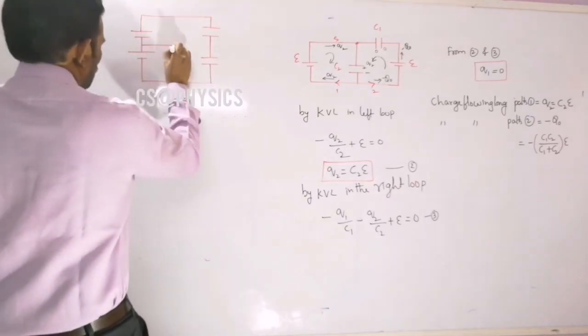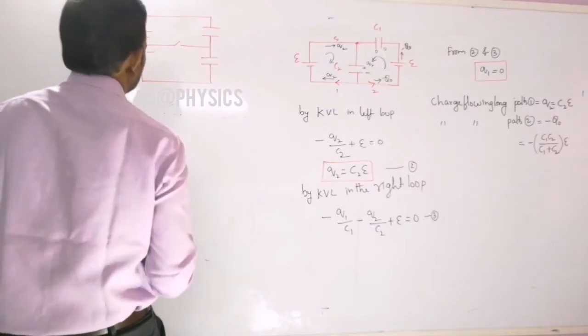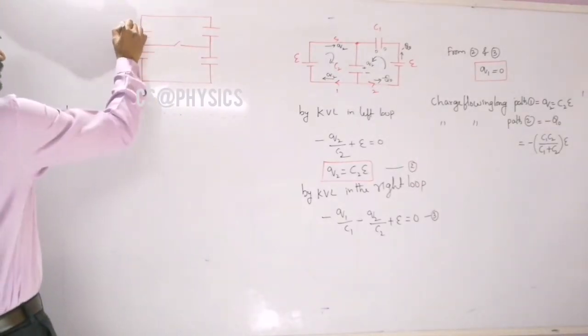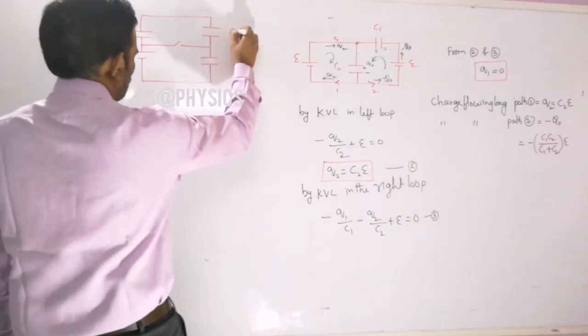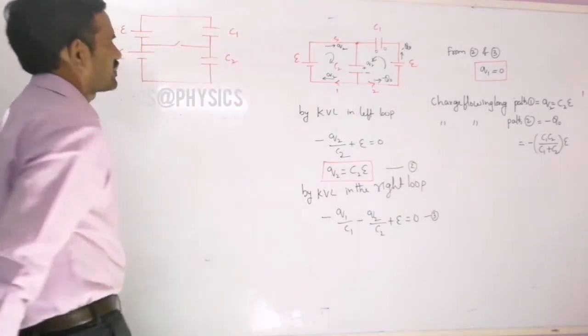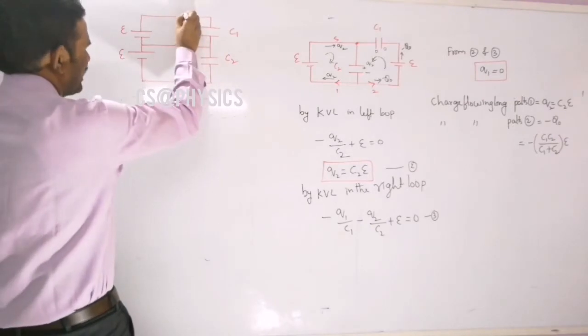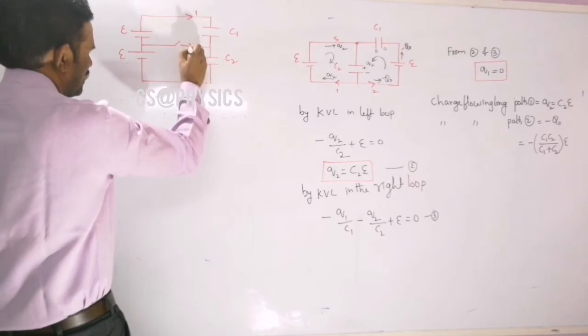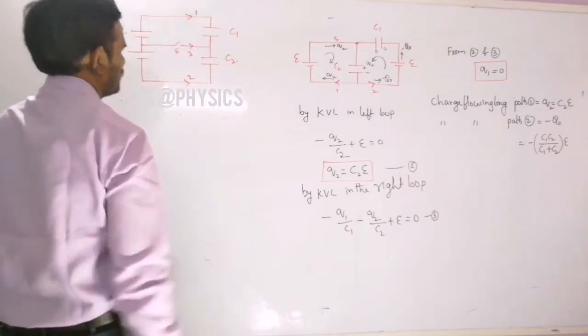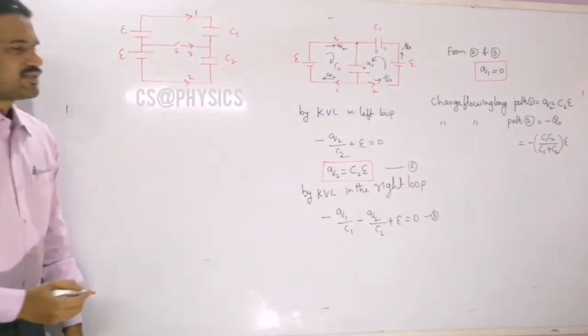Then here this switch is there. These two are, let us say, identical cells, and the capacitors are C1 and C2. Now these are the directions here. This is say 1 and this is say 2 and this is direction 3, and this is switch S.